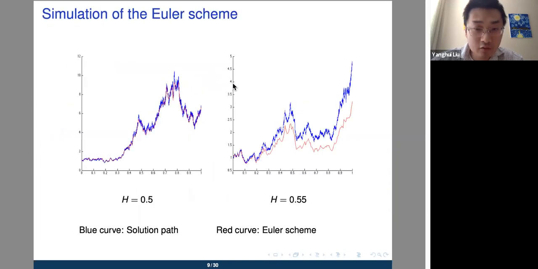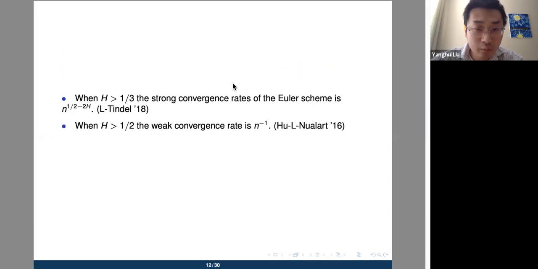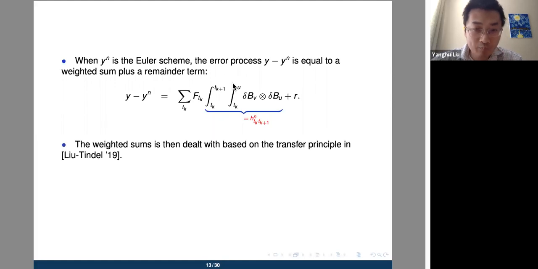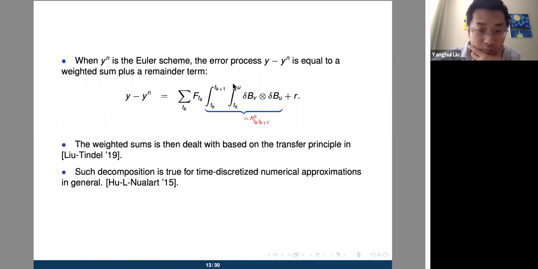If I go back to this decomposition, in our paper in 2015, we derived a general decomposition for any numerical scheme, which does not make any assumption on the driving process. So based on that decomposition, we can still get something about the mixing system.